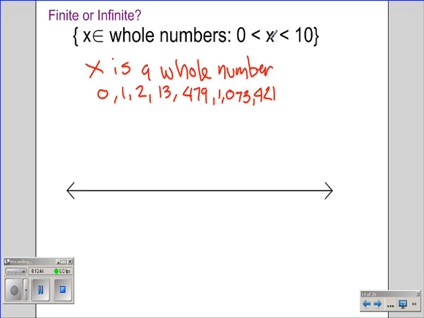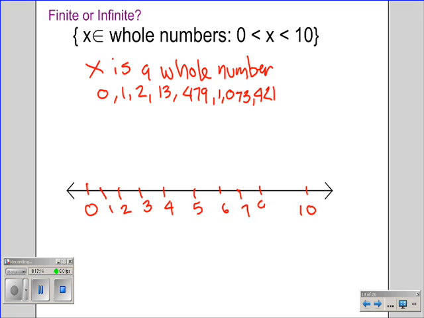It's a whole number. x is located between 0 and 10, as 0 is less than x, but x is also less than 10. Meaning that if I start with 0 here, and I have 10 over here, 5 will be in the middle, 6, 7, you get the idea, 4, 3, 2, 1.